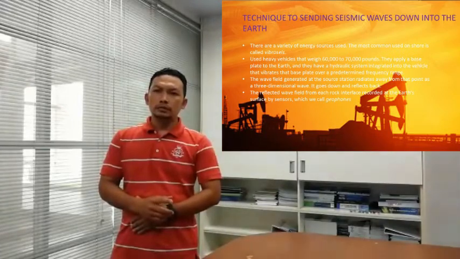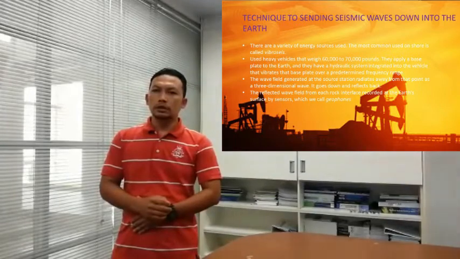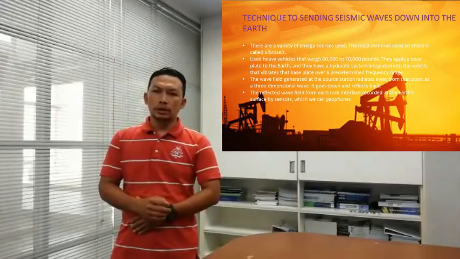They are distributed in a specific geometry on the surface above the area of interest. We use those sensor responses to image the interior of the Earth in places where we are interested in getting a very detailed understanding of geology.